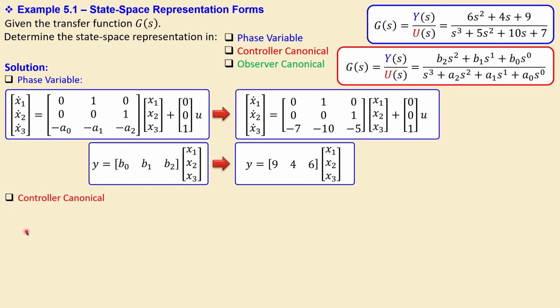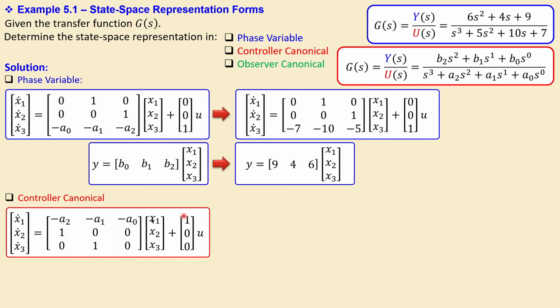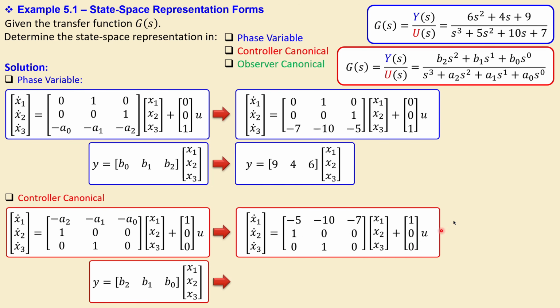Let's now look at the controller canonical form. This is the template. This is exactly the same. So I need the A2, A1, and A0, put a minus in front of it, and also for this one. And this is the result. This is actually much easier to solve, because we can see it is -5, -10, and -7. Directly 6, 4, 9, that goes much faster.